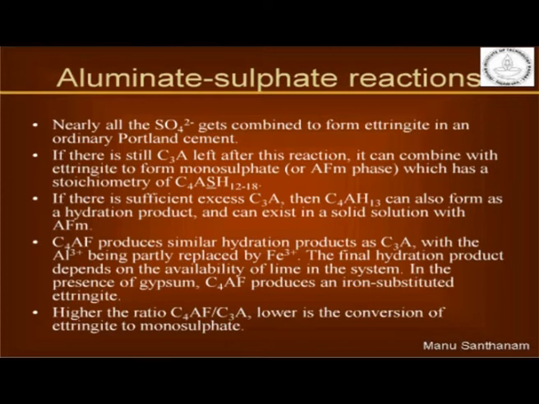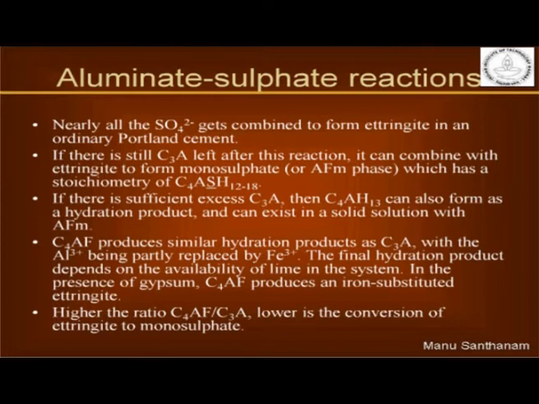That means this ettringite is going to expand inside hardened concrete, and that's going to result in cracking. So that's why normal Portland cement cracks in the case of external sulfate attack, and sulfate resistant cement is stable, because ettringite is stable in sulfate resistant cement after initial hydration. In normal Portland cement, monosulfate is stable after the initial hydration period.